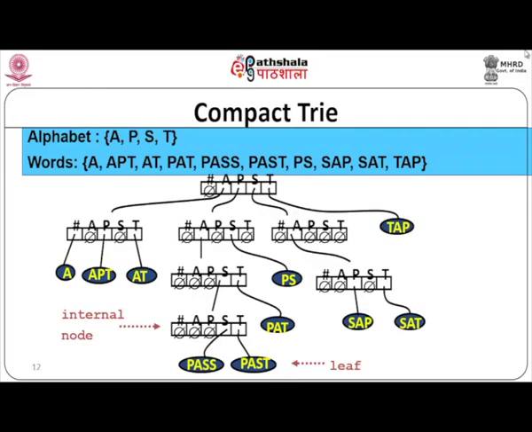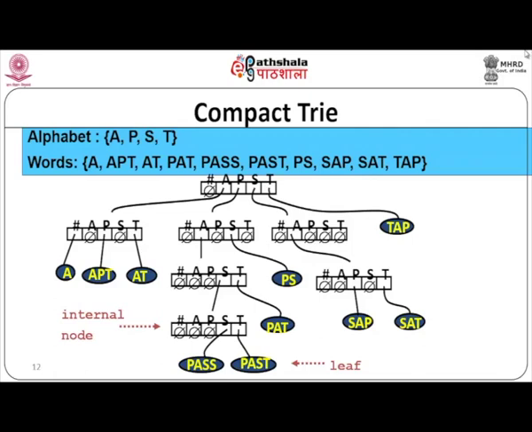Now, this is a compact trie as it is called, where the alphabet consists of A, P, S, T only, and the words are A, APT, AT, PAT, PASS, PAST, PS, SAP, SAT and TAP. So, if you look there, you have a hash sign and A, P, S, T. From A you can have just A, or you can have APT, or you can have AT.